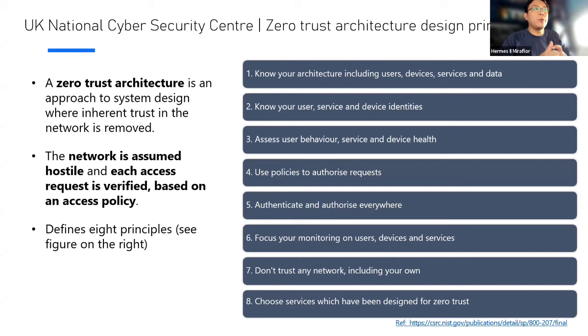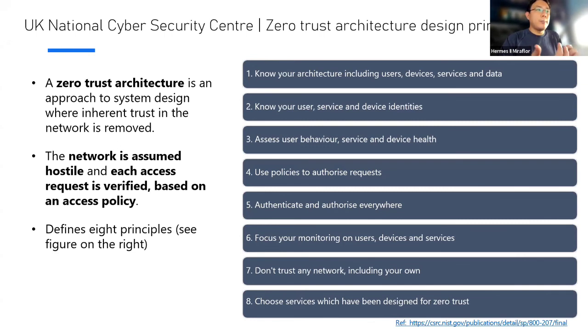You should be able to analyze the traffic of all of those components moving within the network. You should have the capability to assess user behavior and the health of your devices. You should be able to enforce policies and also authenticate and authorize anywhere your users are located. Then, of course, a heavy focus on monitoring of all of those entities.